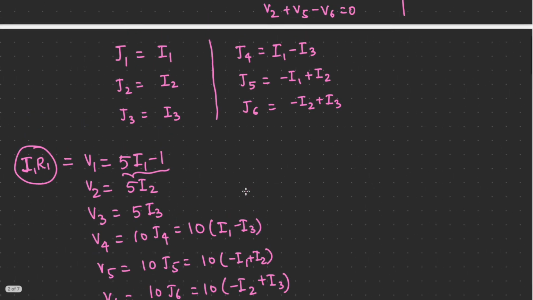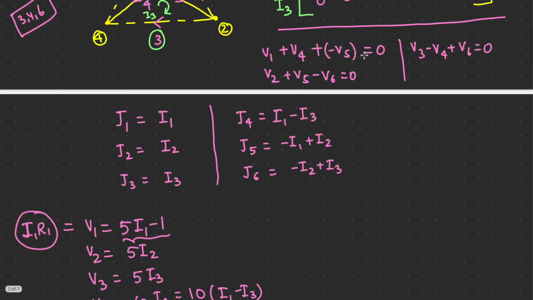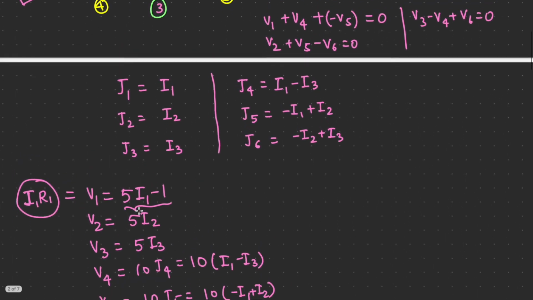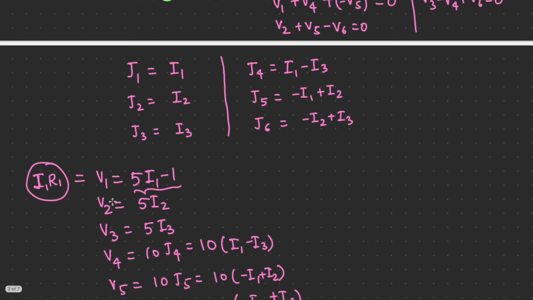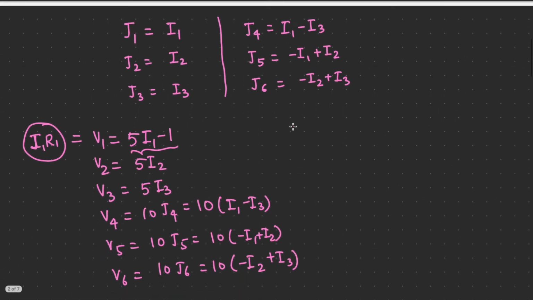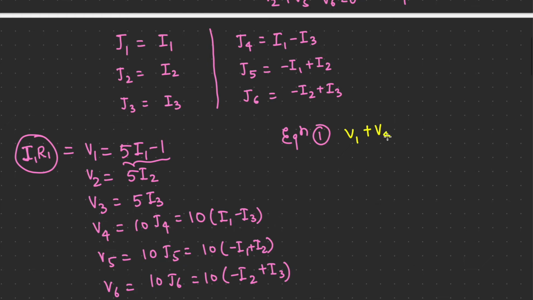Now we will use these equations, V1 plus V4 minus V5 equal to 0, to write three different equations. Equation 1 is V1 plus V4 minus V5 equal to 0.